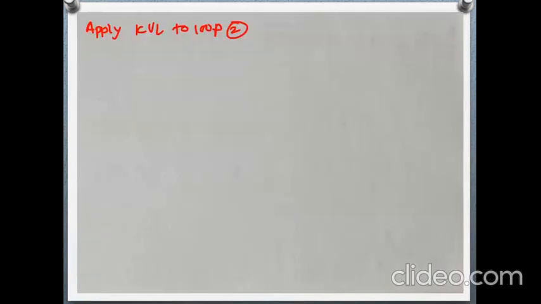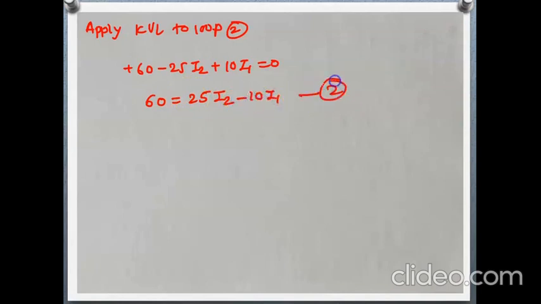So positive 60 minus 25 I2 plus 10 I1 equals 0. So 60 equals 25 I2 minus 10 I1. This will be our equation number 2.